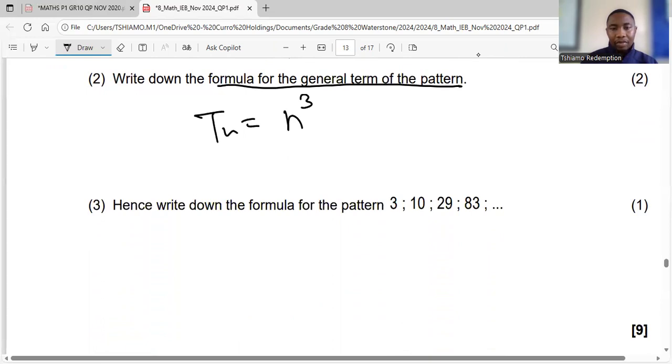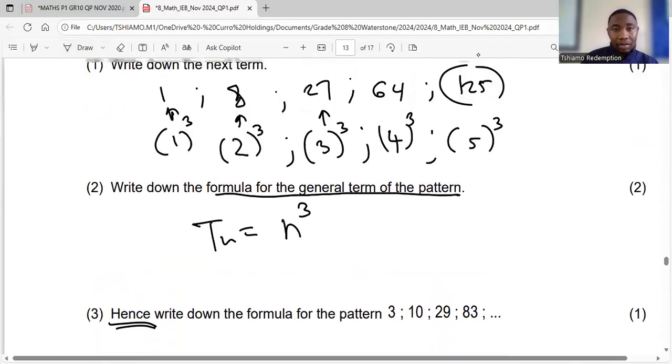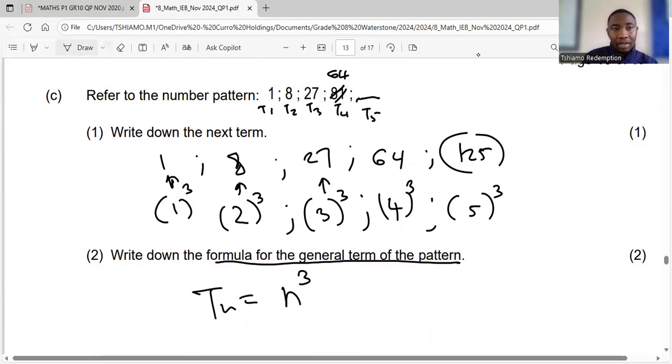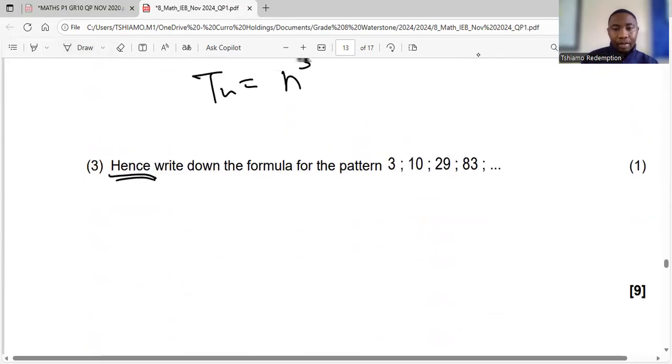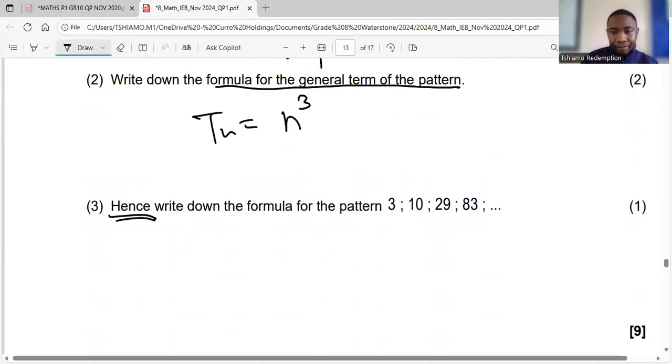Hence, write down the formula for the pattern. So whenever they say hence, they're trying to say use previous knowledge, previous answers that you got to solve this question. So I'm still using the pattern they gave us. What was the pattern? 1, 8, 27.